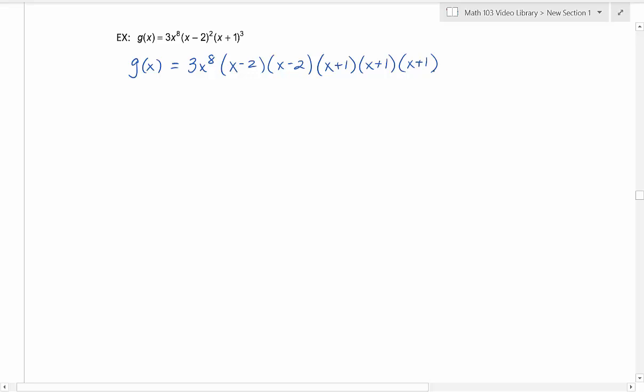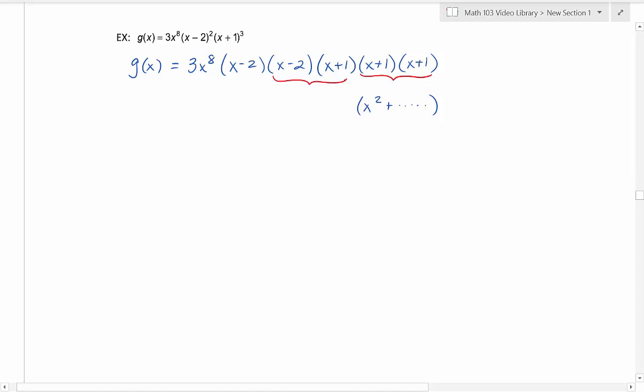We're going to multiply this all out. I'm going to do it kind of generally and not be real specific in multiplying it out, since what we're most concerned about is the degree. So if I take these last two factors and multiply them out, we get x squared and then some additional terms.